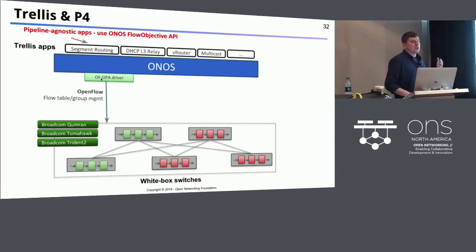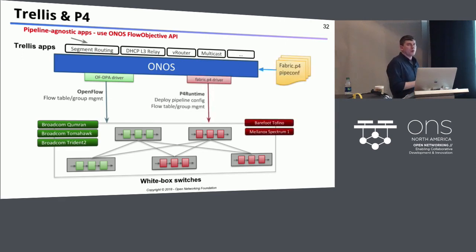These flow objectives are then translated to OpenFlow rules by a driver, which is the OF-DPA driver. OF-DPA is an OpenFlow agent created by Broadcom for Broadcom Silicon, which abstracts a logical pipeline that is common across different instances of Broadcom Silicon. So it's a specific instance of a pipeline using OpenFlow as the runtime protocol.